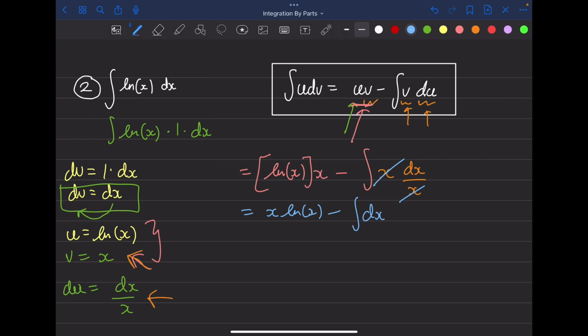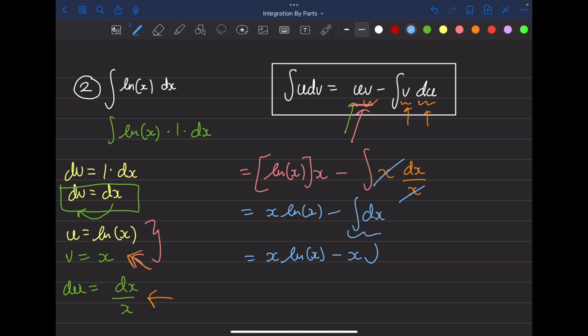Okay, now you might ask, what is the integral of dx? This is as easy as it gets, but the integral of dx is the exact same as finding the integral of 1, because there is a 1 that's missing here. And what is the integral of 1 with respect to x? The answer is x. So this is equal to x ln x minus x.